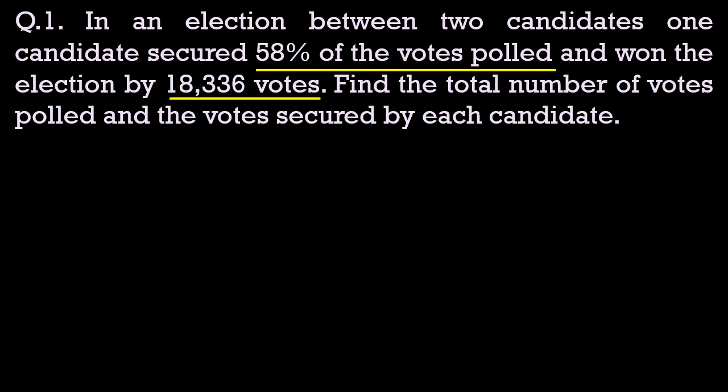So this is the second clue. Third, we have to find the total number of votes polled and the votes secured by each candidate. That means the votes secured by the winning candidate as well as the votes secured by the losing candidate. So let's solve the answer.